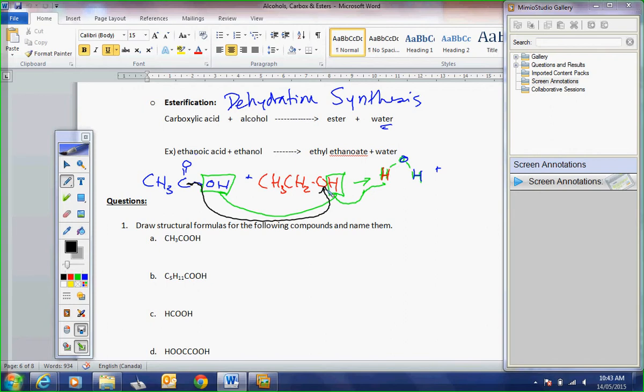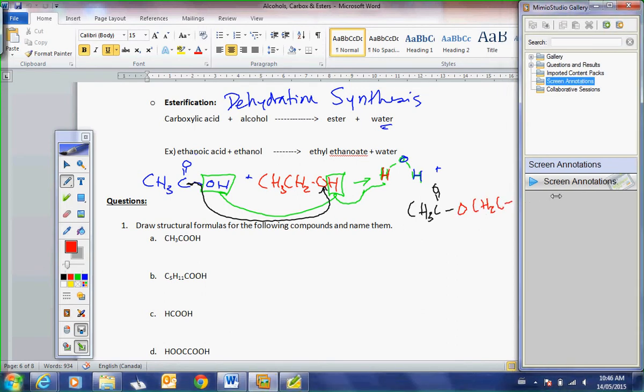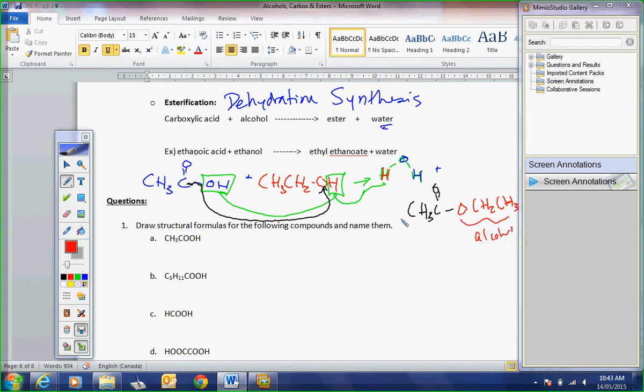So I end up going CH3, C double bond O from the carboxylic acid, and then O, CH2, CH3 from my alcohol. So that came from the alcohol, and that came from the carboxylic acid. And that is an ester.